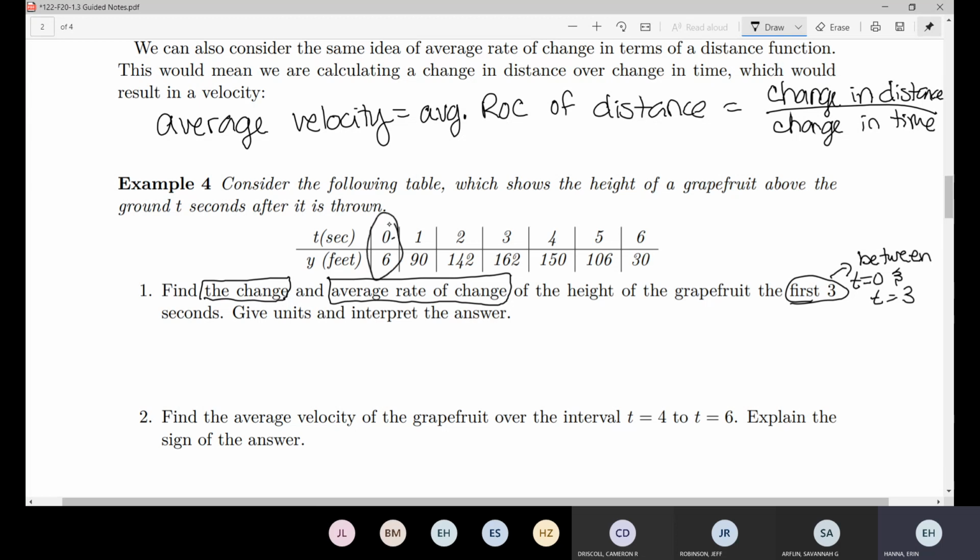So at 0 is a height of 6 feet, and at 3 it was a height of 162 feet. So the change is just going to be 162 minus 6. When it just says change, it just means literally what is the difference between where it started and where it ended.